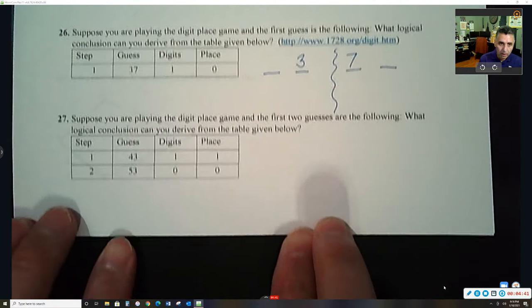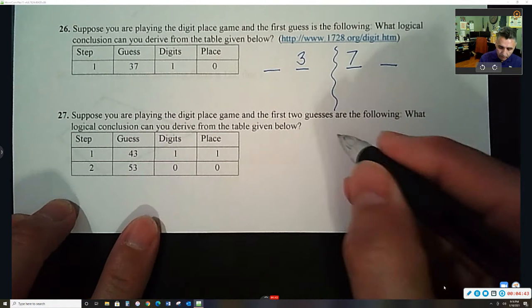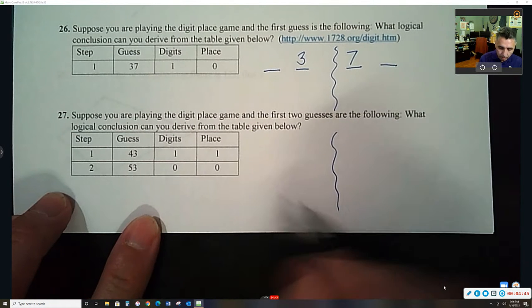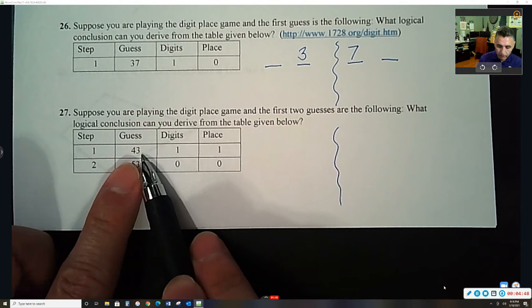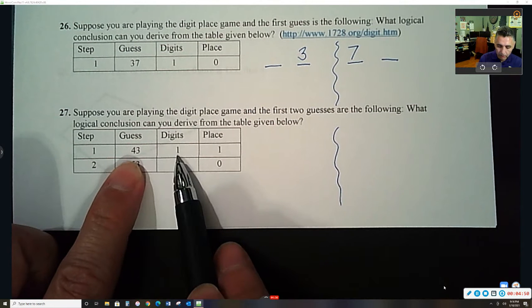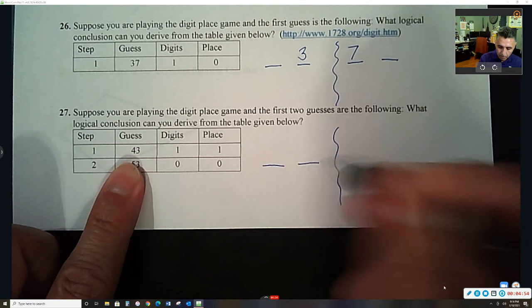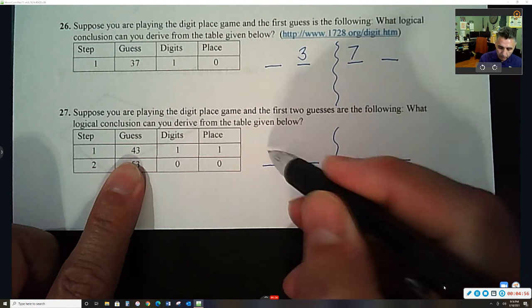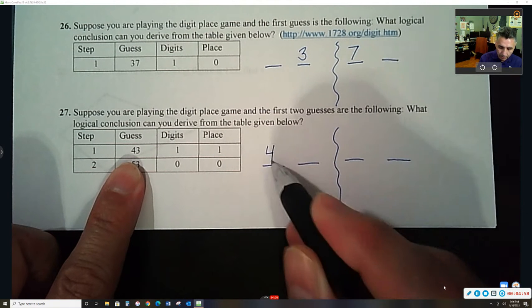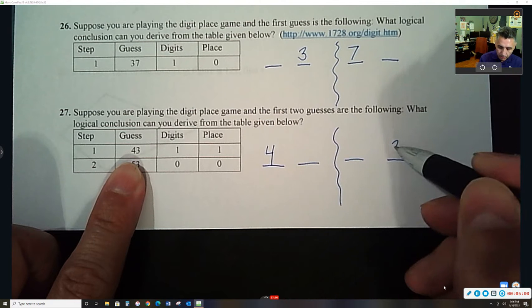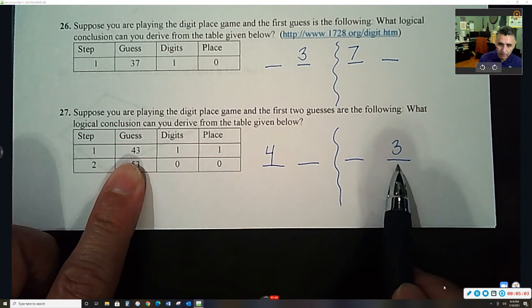Then if you look at 27, the first guess is 43. And they tell me one number is correct and it's in the right place. So watch. The 4 might be correct and it's in the right place, or the 3 might be correct and it's in the right place.